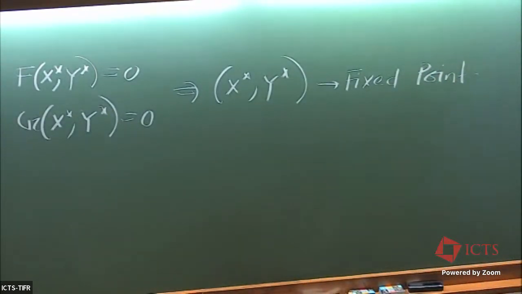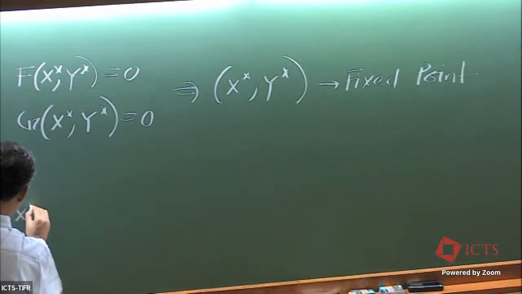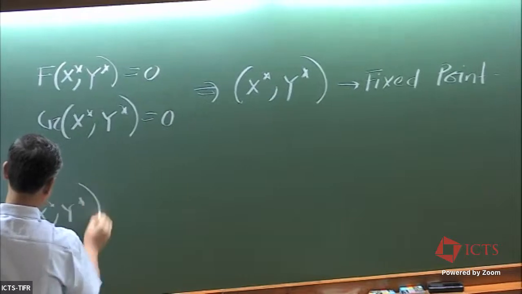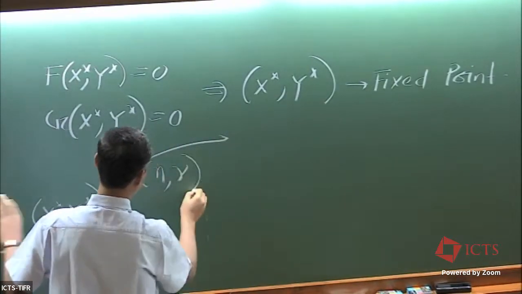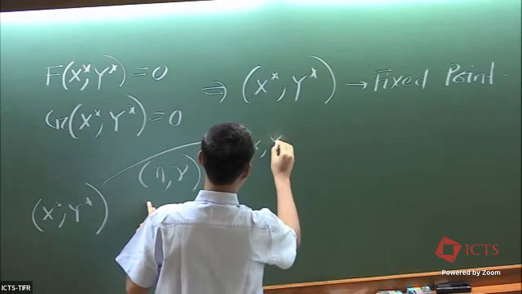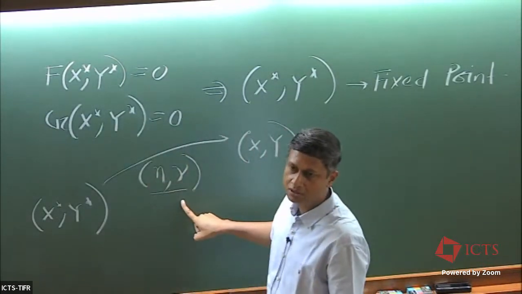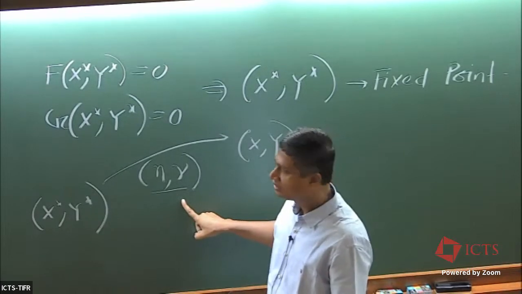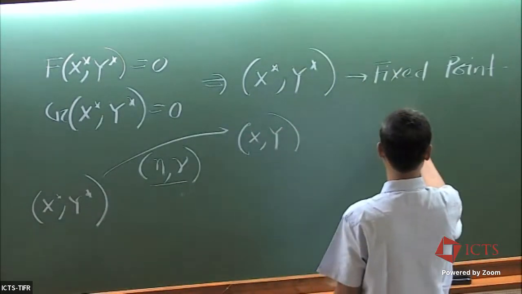Fine. And then you can perform the similar analysis. I will not do that. So you have this equilibrium point x star, y star. You perturb it with, let's say, eta and gamma. You write the evolution of the perturbation, and then what you eventually get is a linearized system.